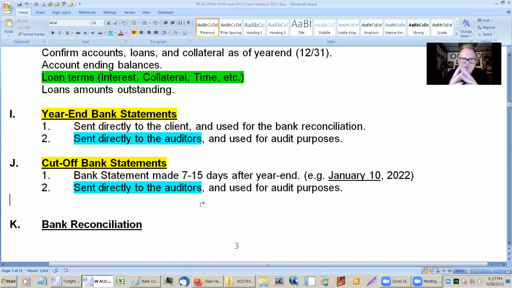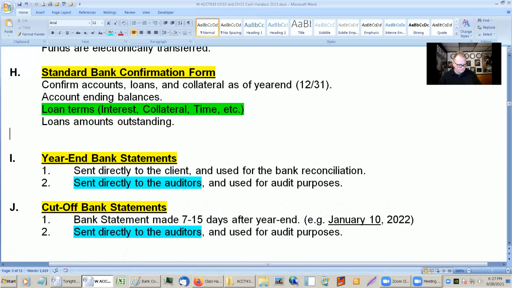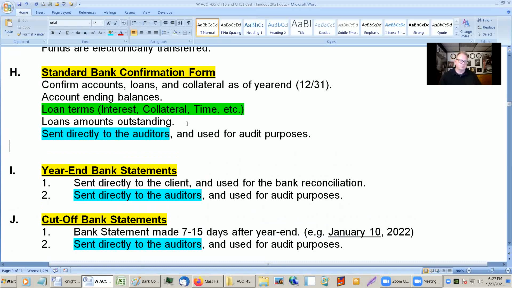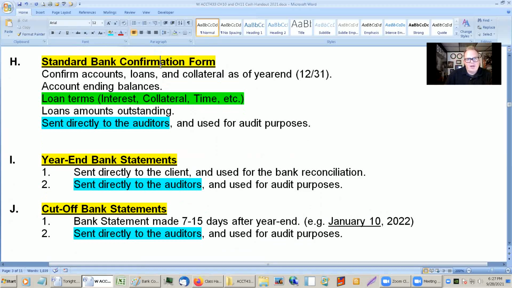So the auditors are going to get 3 things for cash. The bank confirmation form will be sent directly to the auditors.